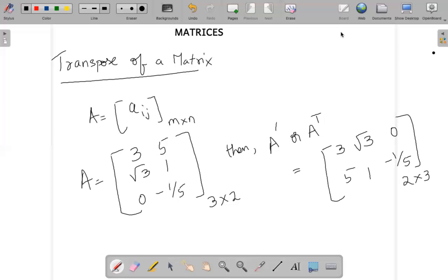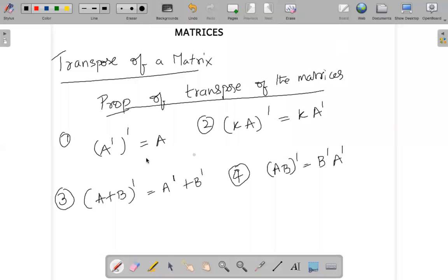Now here are the properties of the transpose of matrices. A prime to the power prime, that is, A transpose to the transpose, will be A. The next is K multiplied by A, whole prime or transpose, which gives K A prime.